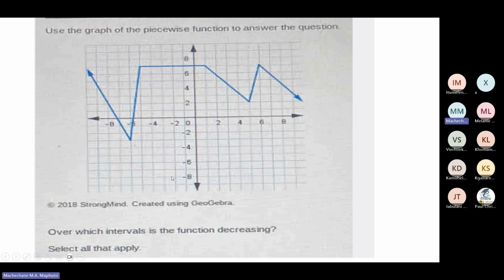On the left-hand side, we have -8 to infinity, and on our right-hand side, we have 8 to infinity. It simply means that I've drawn the graph within that interval. So now we want to check over which intervals the graph is decreasing. I'm just going to give you a few minutes to look at that before we discuss further.